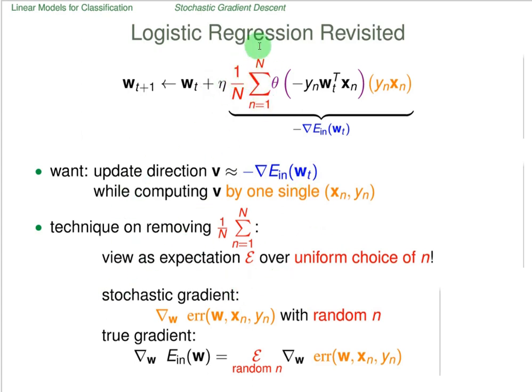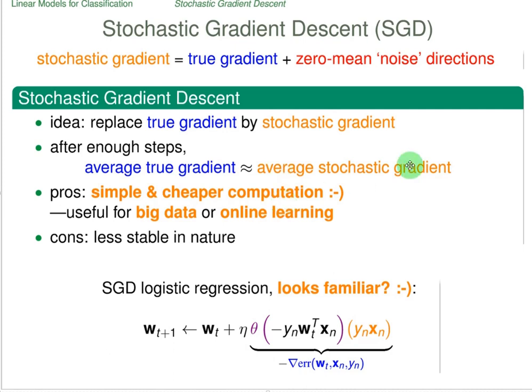So we can think of removing 1/n and the sum as an expectation, E over uniform choice of n. So the idea of stochastic gradient descent with random n can be viewed as the true gradient with expectation over the entire space of gradients. We also know that stochastic gradient descent inherits randomness, which can be thought of as the true gradient plus random noise.